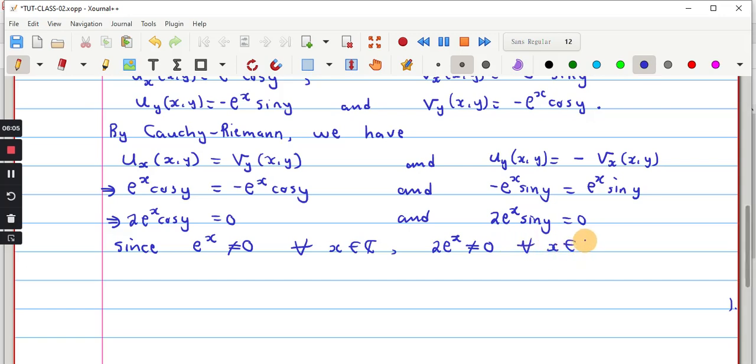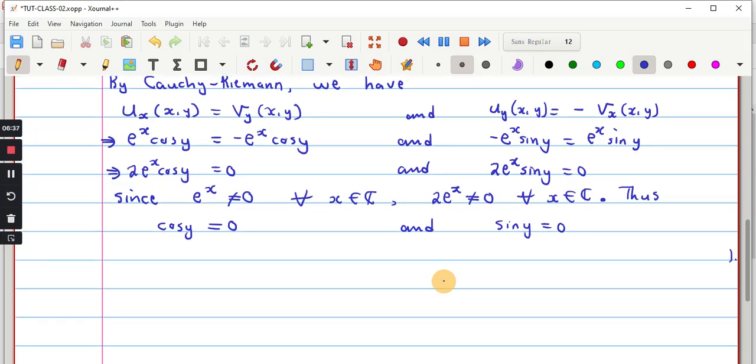No matter what x is, 2 e to exponent x is different from 0. Thus, the only possibility that we can get a 0 is when cos y is equal to 0, and the only possibility that we can get a 0 on this side is when sine y is equal to 0.